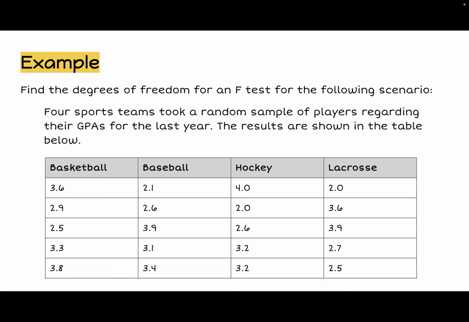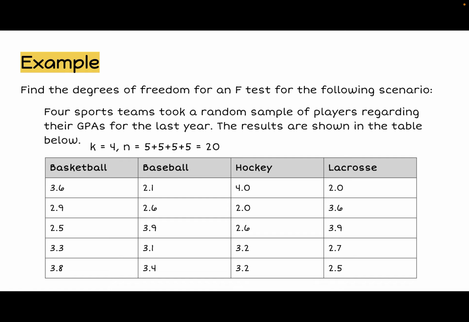So we're going to find the degrees of freedom for an F-test, and then we're going to look at how to find the test value for it using the F distribution. So we have 4 sports teams that took a random sample of players regarding their GPAs for the last year. The results are shown in the table below. To find my degrees of freedom, I need 2 values. How many samples? 4: basketball, hockey, baseball, lacrosse. And I need to know the sample size for all of the samples.